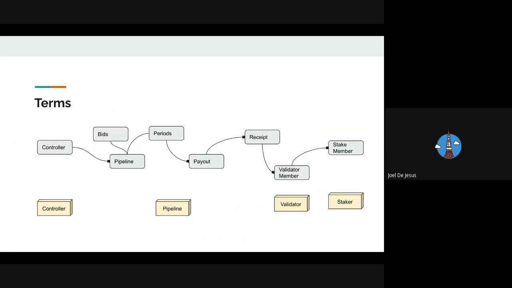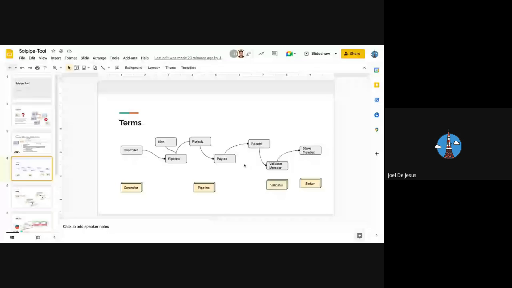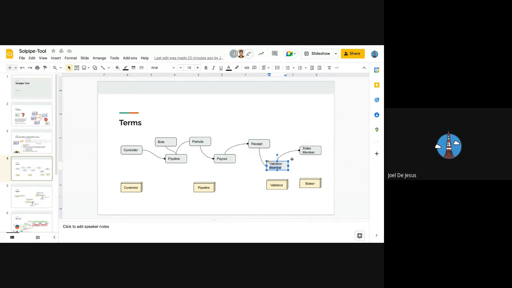This diagram needs a bit more labeling, but essentially, the gray boxes are all the accounts on chain. Actually, I changed the name of this manager.